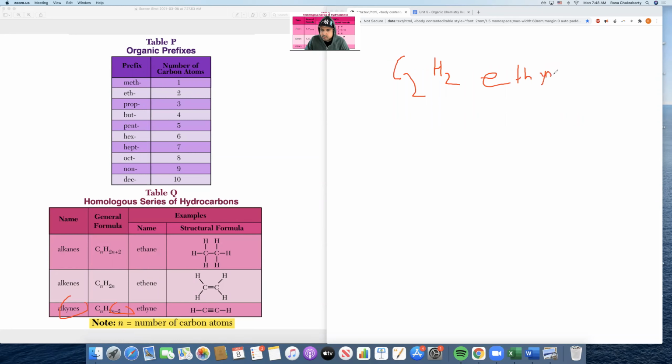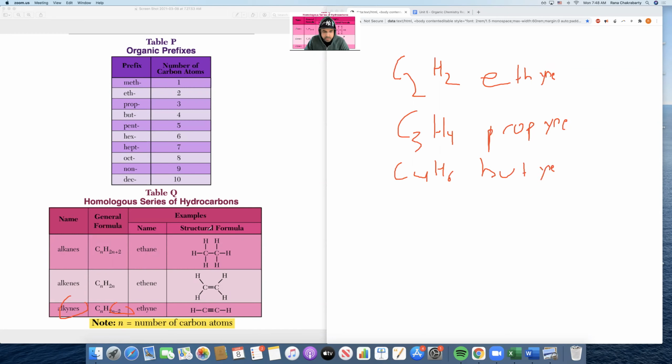Right, so the next one will have 3 carbons times 2 minus 2, so that would be 4. Right, so 3 times 2 minus 2 is 4. The propine. And the next one, C4H6. Butyne. And then you just keep going, right?